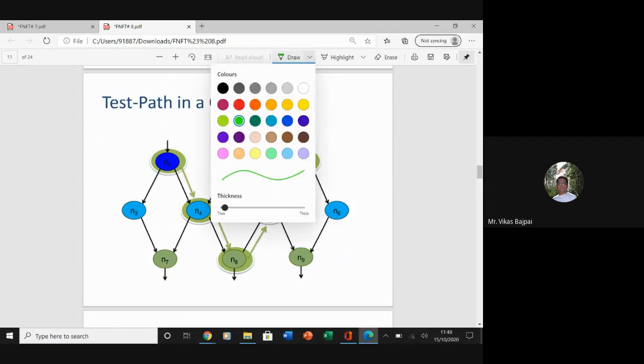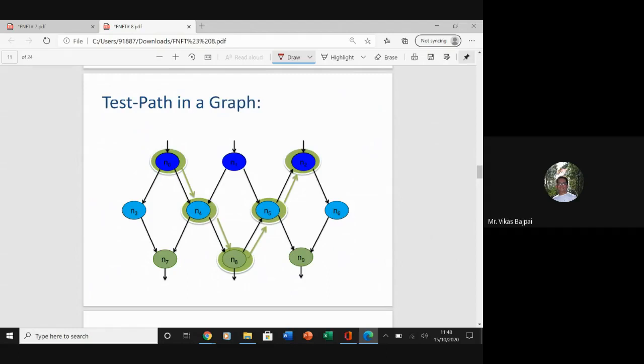So basically, a test path represents a path that is executed during a test run.